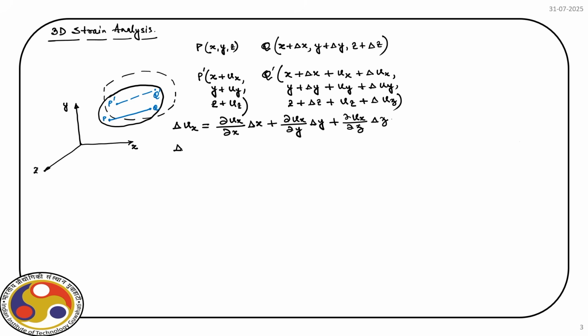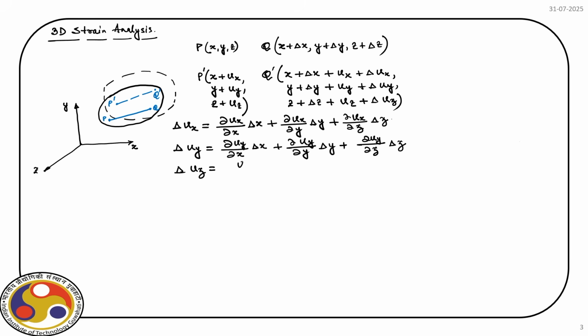Similarly, we can also write down uy and uz, right. Let us just complete the exercise. So, we have partial differential of uy with respect to x times delta x, plus uy differentiated with respect to y times delta y, plus uy differentiated with respect to z times delta z.